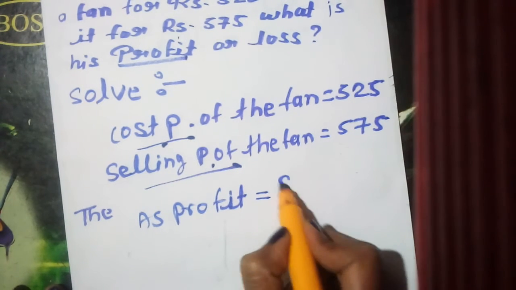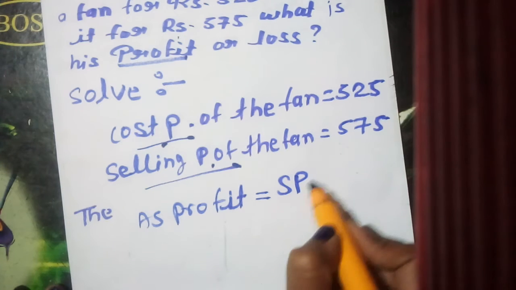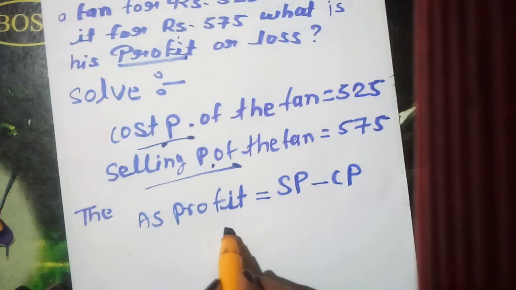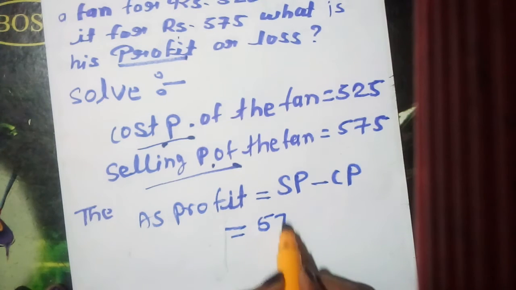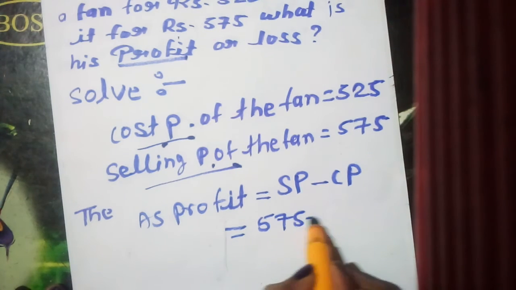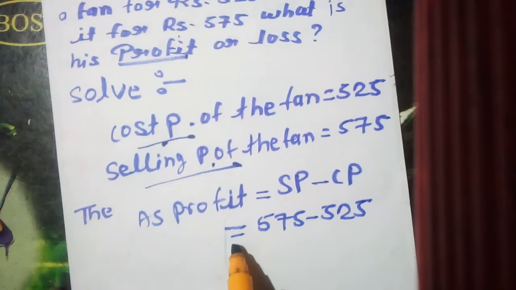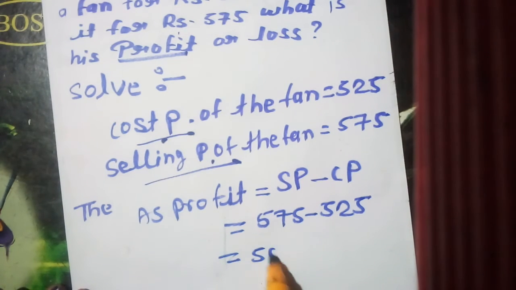Profit is equal to selling price minus cost price, so 575 minus 525. The answer is 50 rupees.